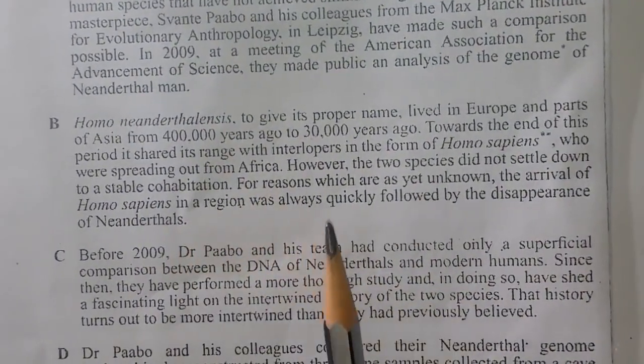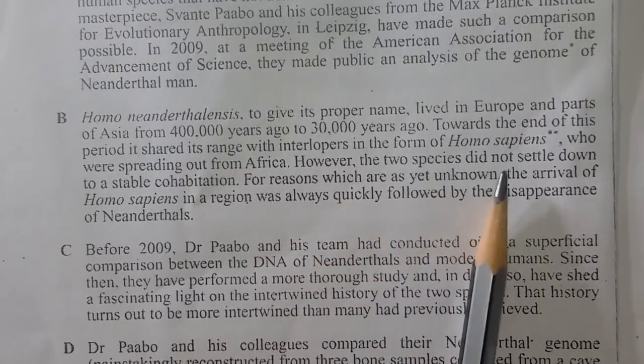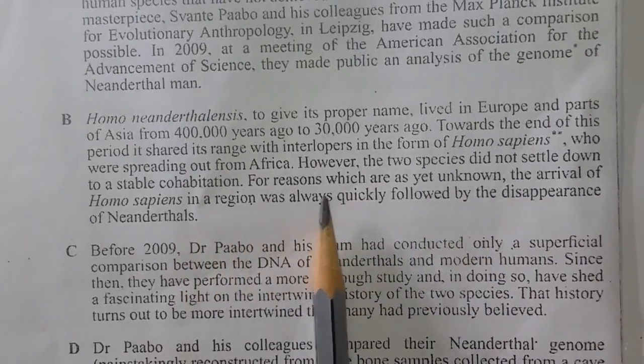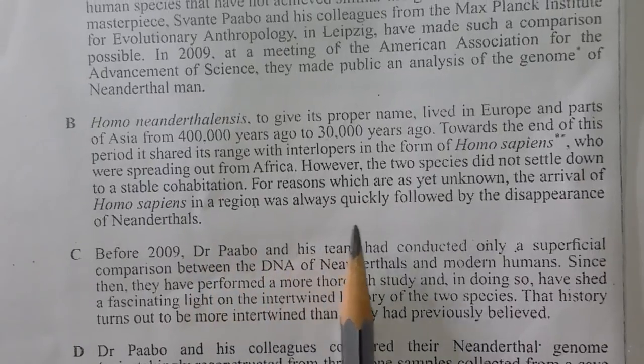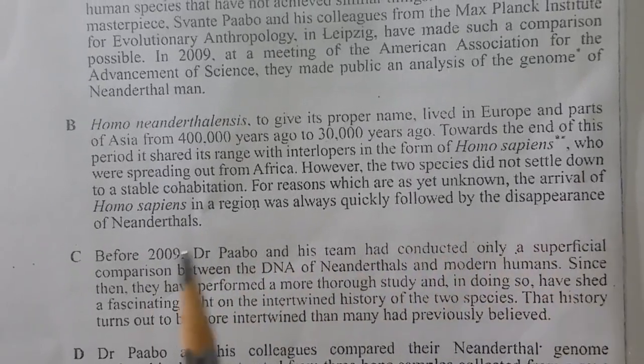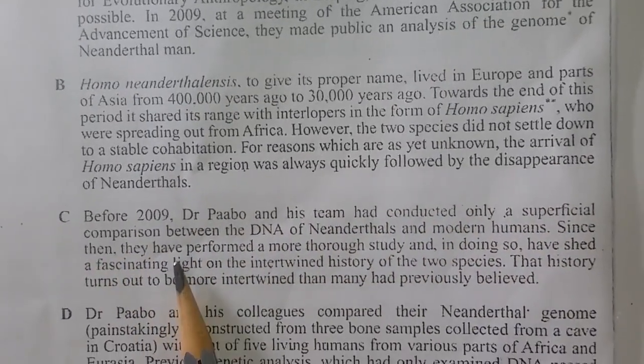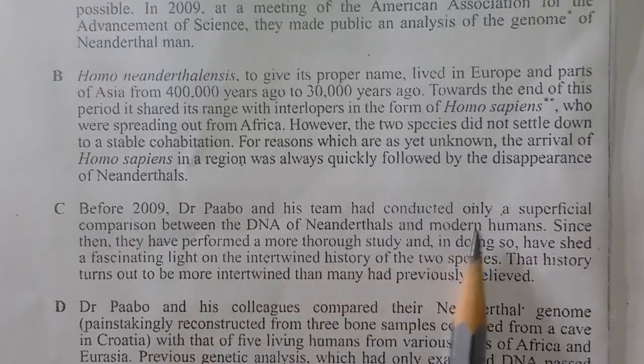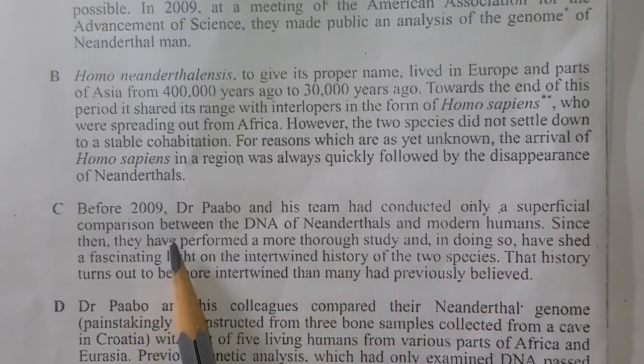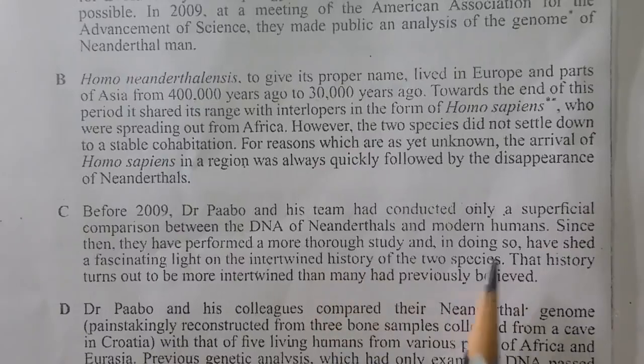Right. So he said here, you can check the arrival of in a region which is quickly followed by this. Before 2009, Dr. Pääbo and his team had conducted a superficial comparison between DNA and this.